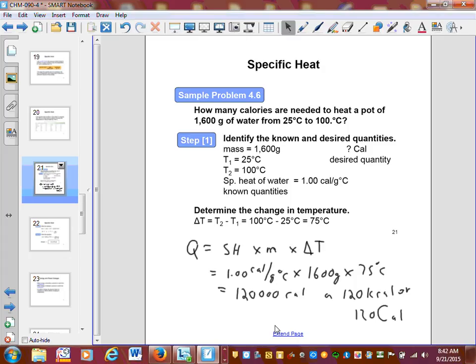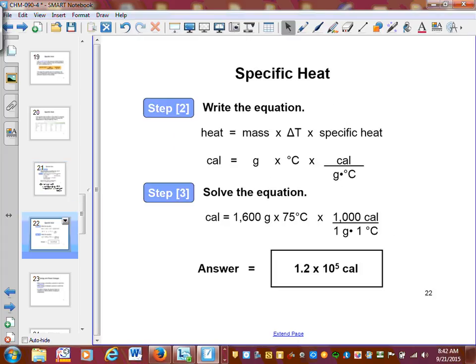So it's a fairly easy calculation. Now every substance, as you saw, has its own specific heat. And they put it in scientific notation, 1.2 times 10 to the 5th calories. Questions? Okay.